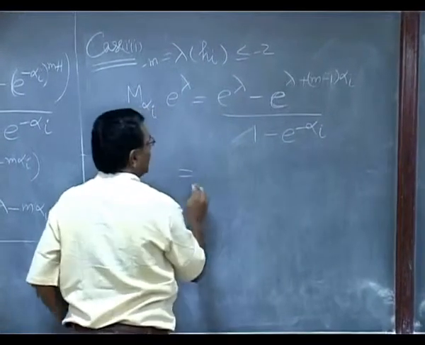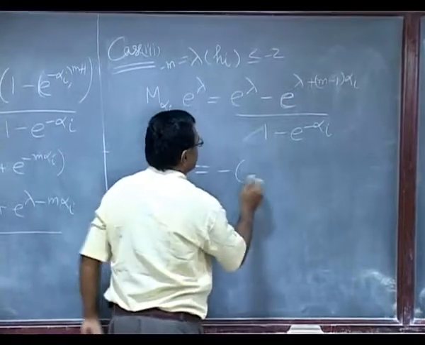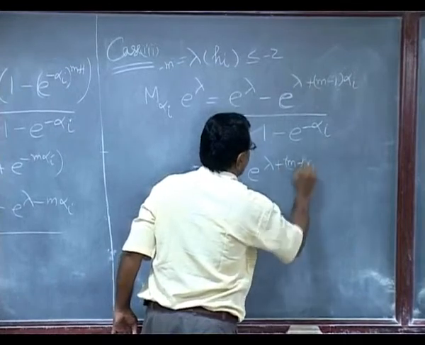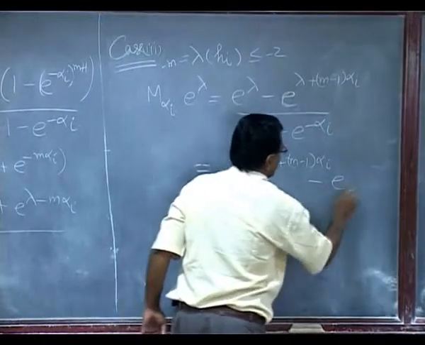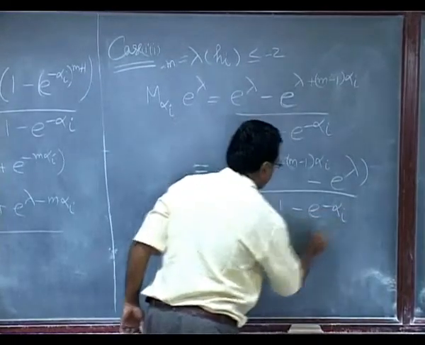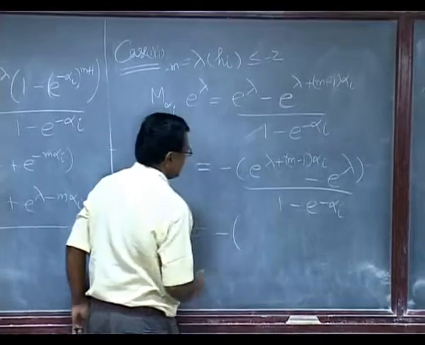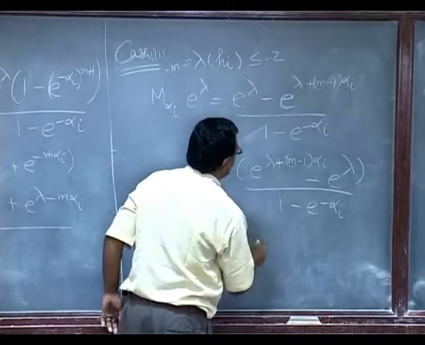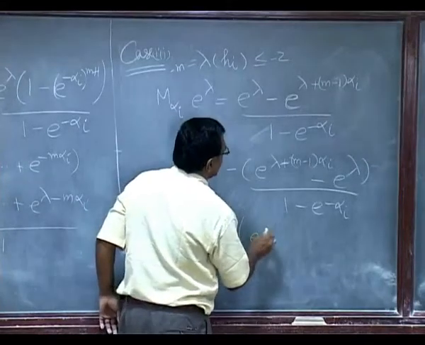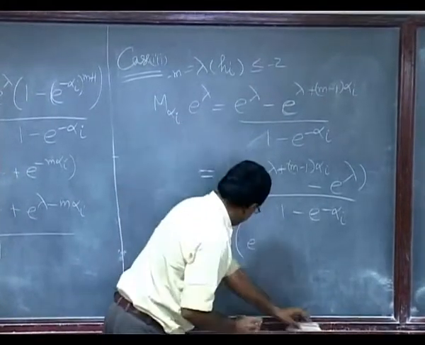So, what I do is now could do with this. There is a minus sign change, and then you could write e^{lambda plus (m minus 1) alpha_i} minus e^lambda divided by 1 minus e^{minus alpha_i}. So, this is same as minus e power, so this you can take it outside.